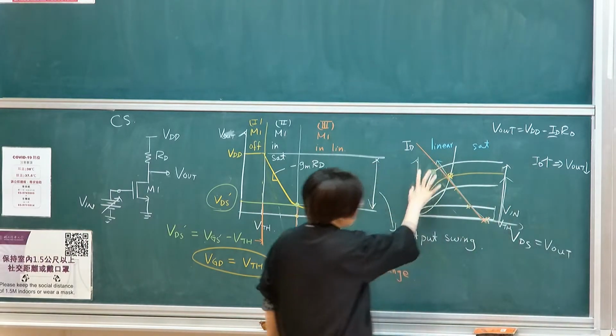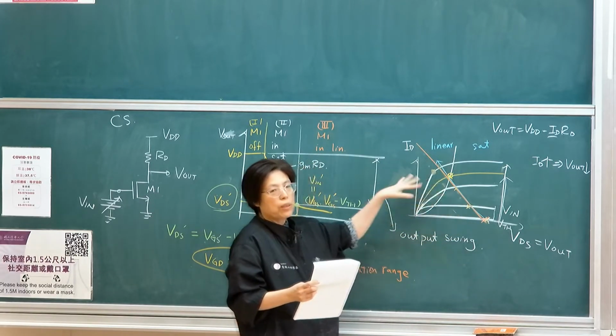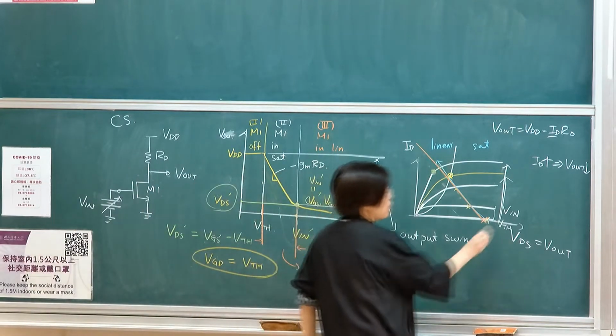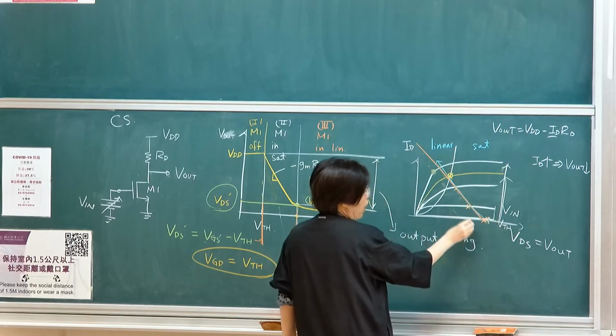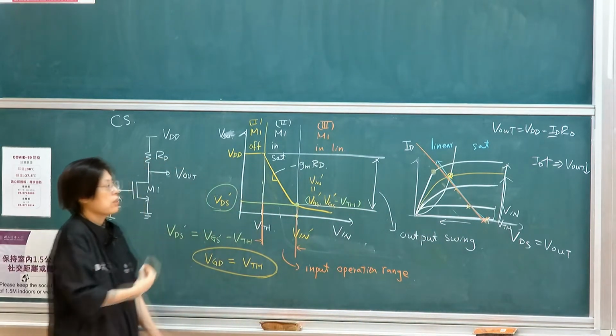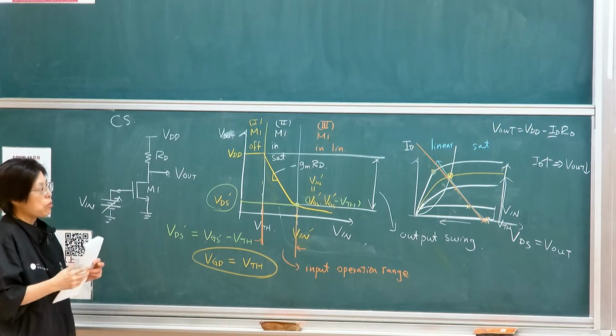If you're using the load line, then you know that it will shift at this intersecting point. But we're not plotting that. Just to give you a sense, as input increases, your current level increases. So your output voltage moves in this direction. Just to show the relationship between the current and output.